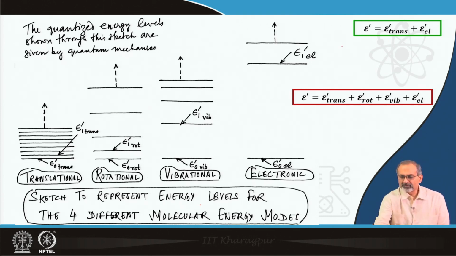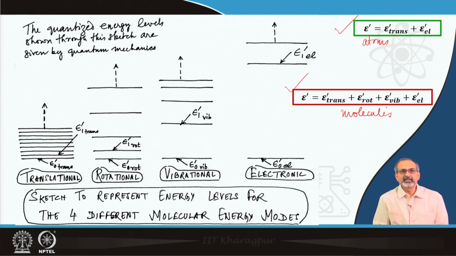And we have of course mentioned that for atoms it is translational and electronic alone. For molecules it is the 4 forms that we are talking about, and therefore, to keep it general we have shown the 4 pillars which is applicable for molecules. You see that for the translational energy, the discrete levels are very, very closely spaced.